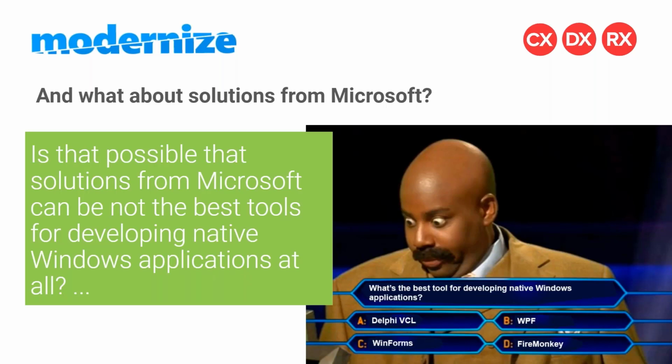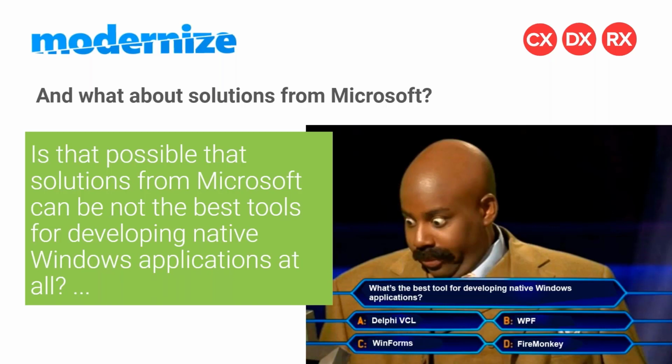During my development career I tried a lot of solutions for Windows desktop development, and not only tried, I developed huge systems and solutions, also using Microsoft technologies. And I can even ask myself: is it possible that Microsoft solutions are not the best tool for developing native applications?